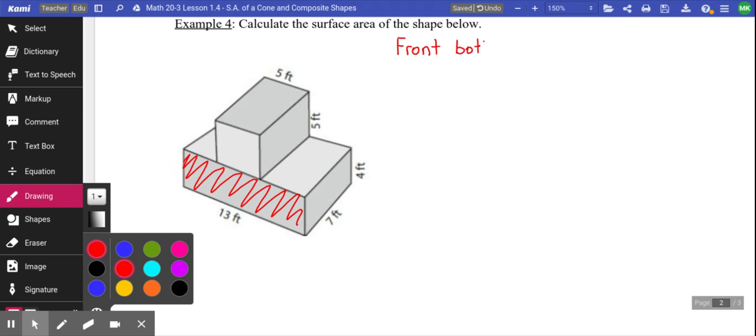So we're going to call this the front of the bottom. When I do the front of the bottom, that's going to be length times width. That's clearly a rectangle, right? So length is 13. The width is the height of that thing, which is 4. So we're doing 13 times 4. That means we've got 52.